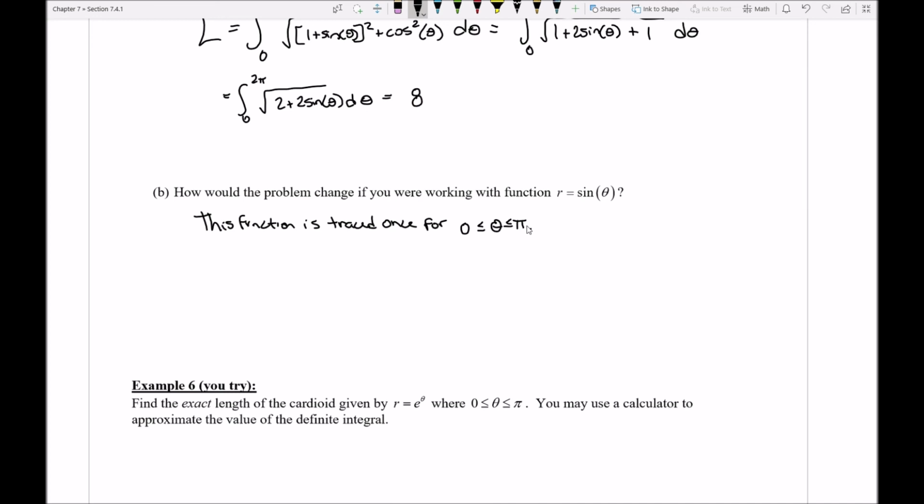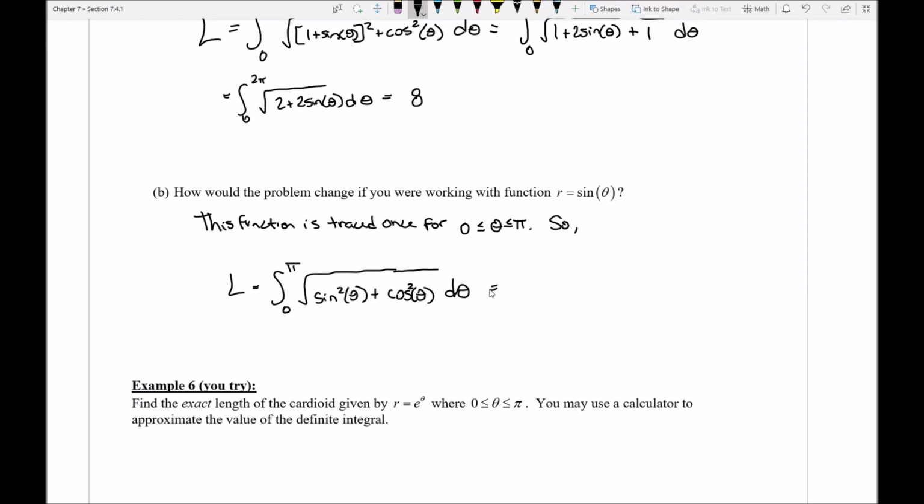And so this is going to change the bounds that I'm going to end up with on this integral. So my length here would be given by the integral from 0 to pi of the square root of r squared plus dr d theta, which here is just the cosine of theta, squared.